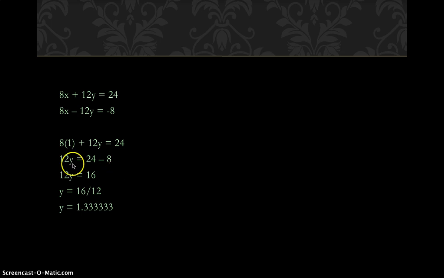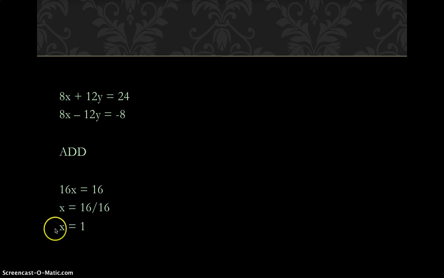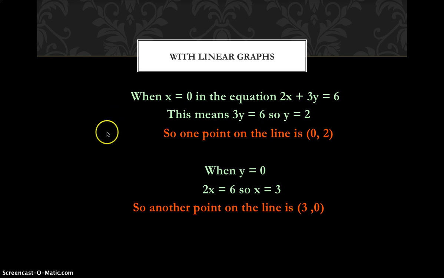So 12y is equal to 16. Y is then equal to 16 divided by 12, which is 1.3 recurring. So that's how we get our values: x is equal to 1, and y is equal to 1.33333 recurring. That's how you do it with a simple algebraic method.